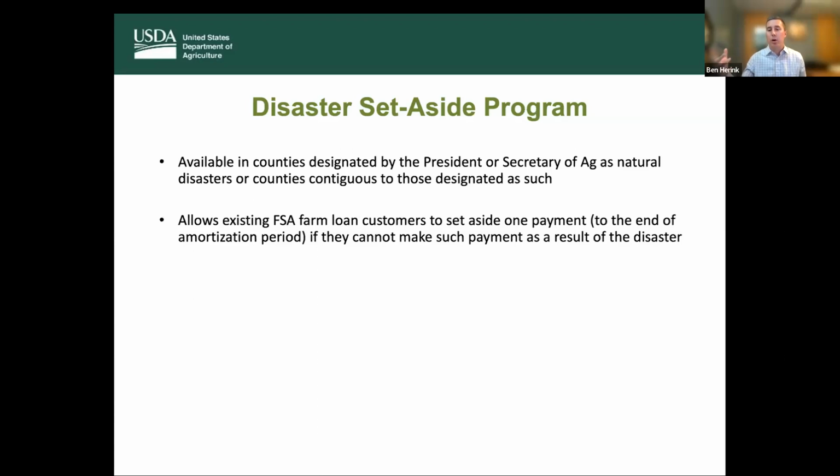Same way on a crop loss that you might have. We're going to look at the crop insurance proceeds that you might have received this fall, and we would deduct that before we factor in what emergency loan you might be eligible for.